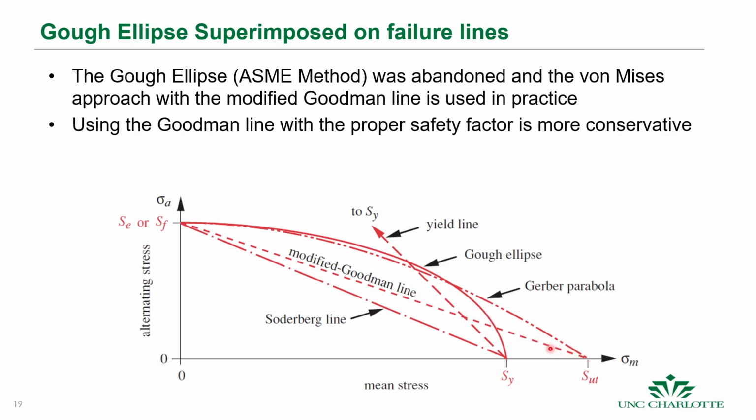Now what's interesting is you'll note that some of these failure criteria actually end at the yield strength of the material. The modified Goodman line allows you to exceed your yield strength, and it goes all the way to the ultimate tensile strength. But in general, you want to be below your yield strength because you don't want the material to yield.